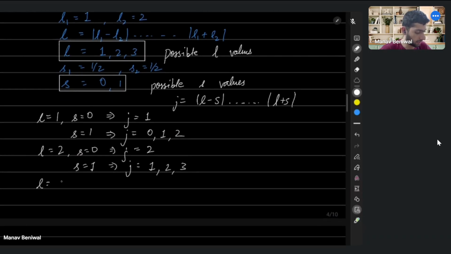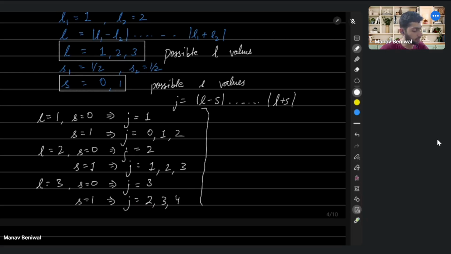When L is 3 and S is 0, J will have only one value, 3. But when S is 1, J can have 2, 3, 4, because 3 minus 1 is 2 and 3 plus 1 is 4. So all three values.